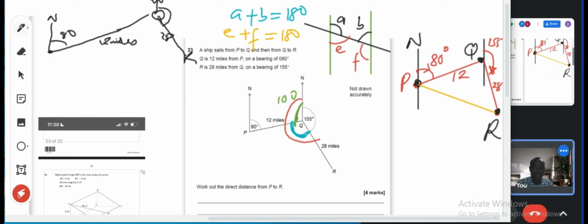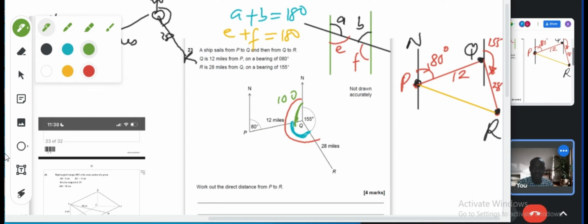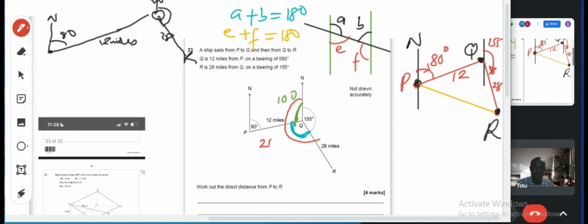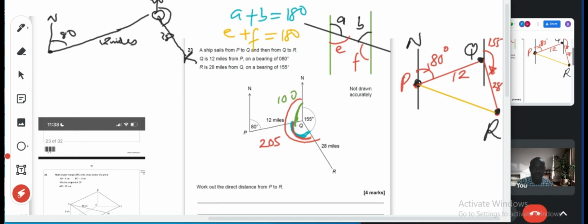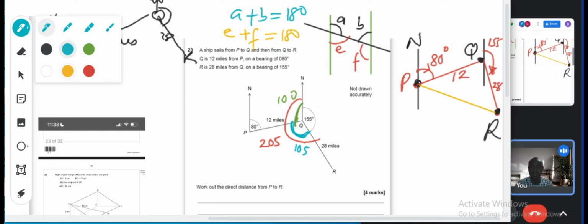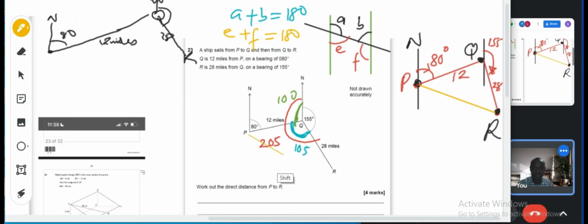What do you get? 205, right? So that whole place is 205. So what's the value of the angle in blue now? 205 take away 100, and that gives us 105. So it's 105 we are using because we are asked to find the length of P to R.